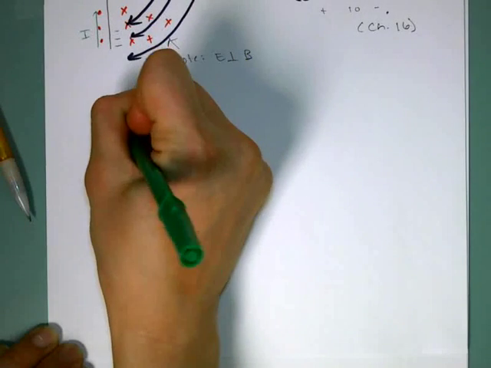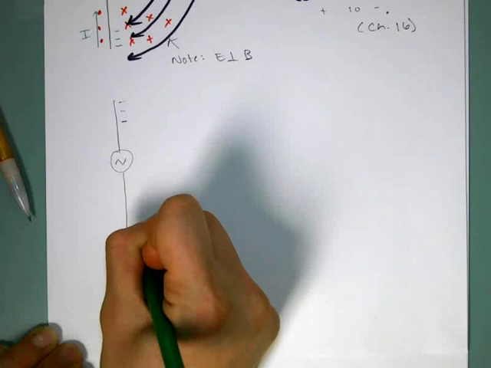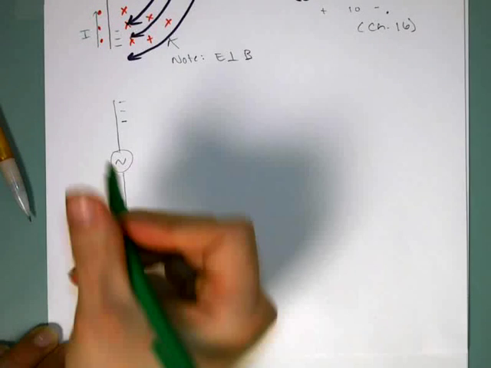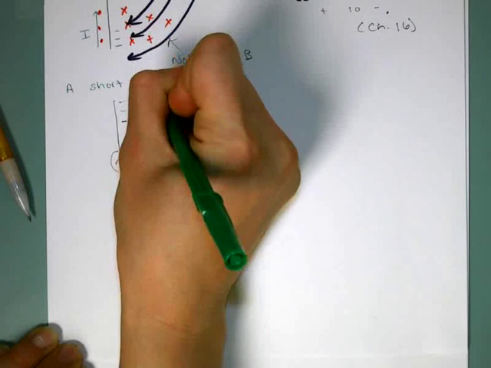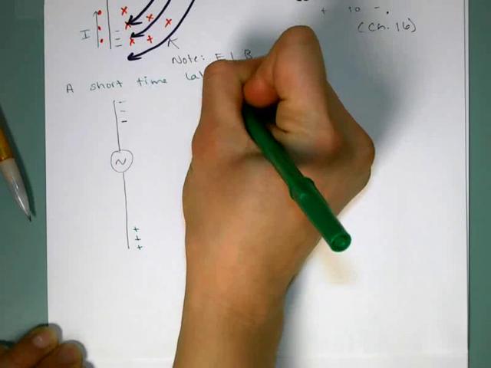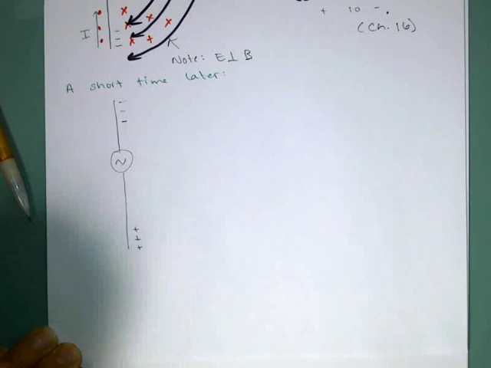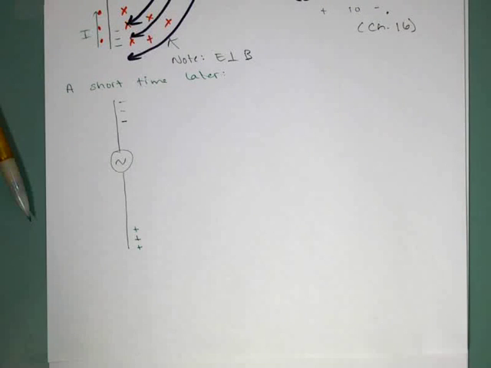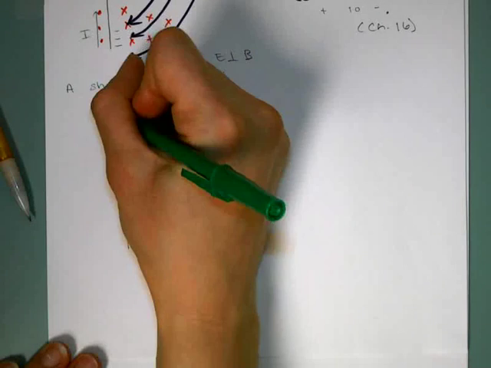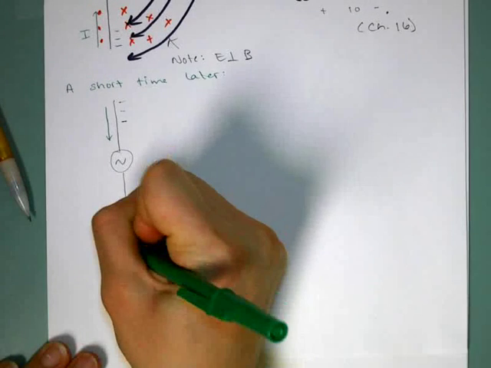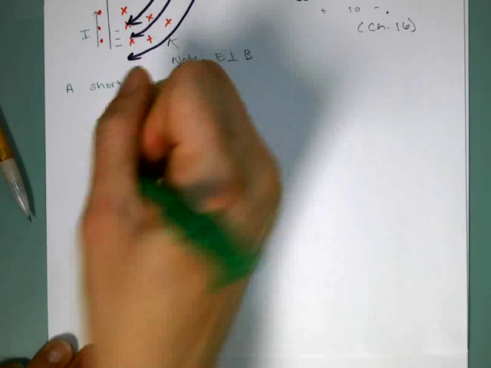And I'll skip some of the analysis that we did, but we'll have negative charges on top and positive charges down the bottom. And we can have that current now, rather than flowing up, flowing down.